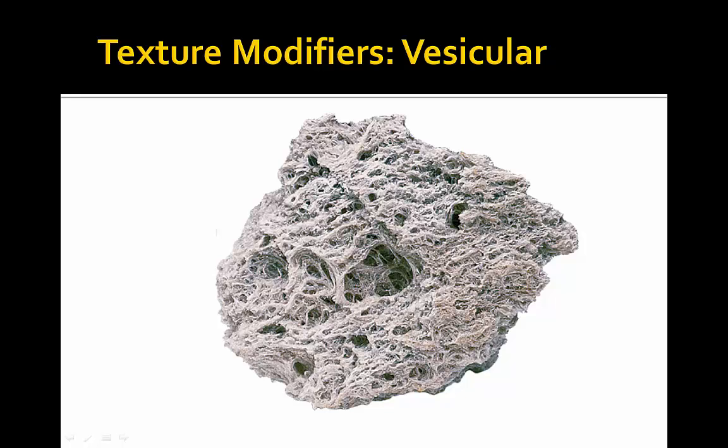And if you were able to zoom in on this picture, you would see that pumice is like spun glass fibers. These vesicles, those holes within pumice or within another vesicular rock, form because the gases that were dissolved in the magma, the fluids that were in the magma, were trying to escape very quickly at the same time as the rock was cooling. So essentially all those little openings, all the holes, are traces of gas escaping from the magma.